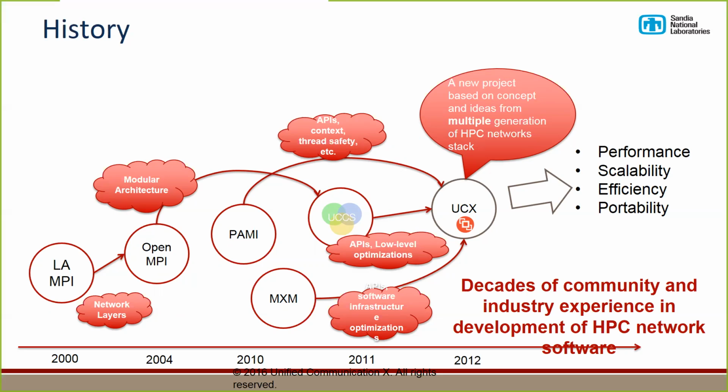The goal is to provide open source and vendor-supported network interfaces for various high performance communication libraries like MPI, OpenSHMEM, and we have also been collaborating with task-based runtimes. It's also used outside of the HPC space for other markets, more enterprise and cloud and so on. But in this talk, I will focus only on the HPC space. Next slide, please.